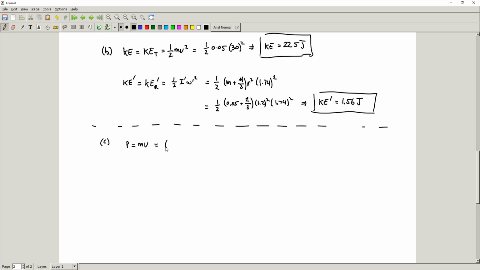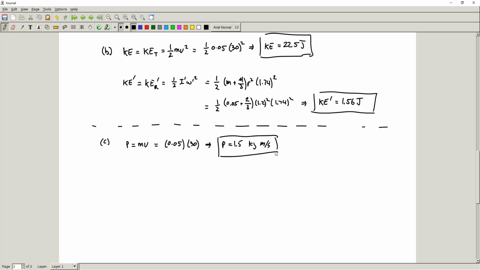Right away we sub in numbers. And if we do that calculation, we're going to find that our initial linear momentum is equal to 1.5 kilogram meters per second. Simple enough.